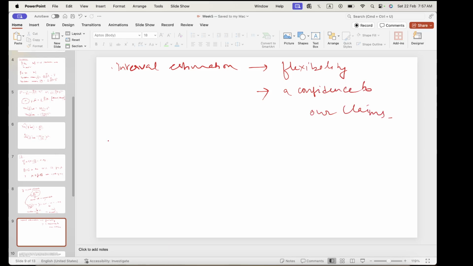If I'm able to say that my mu could fall between 160 and 164, and I am 95% confident of this, what I'm essentially saying is that I am this percentage confident that the population parameter will lie between the lower bound and upper bound of my confidence interval.